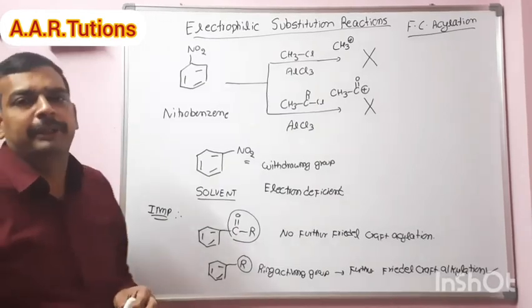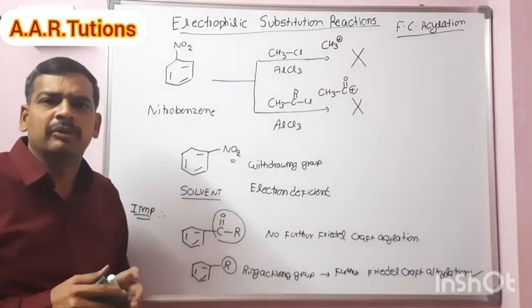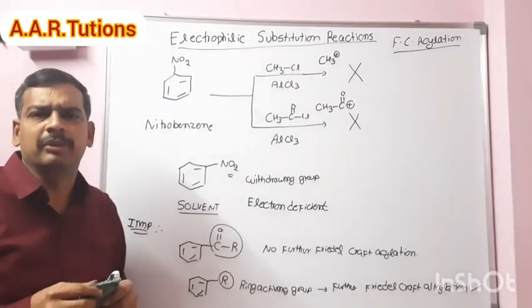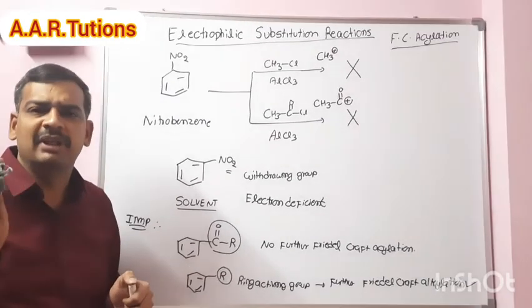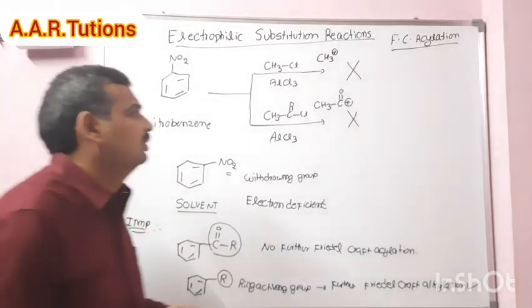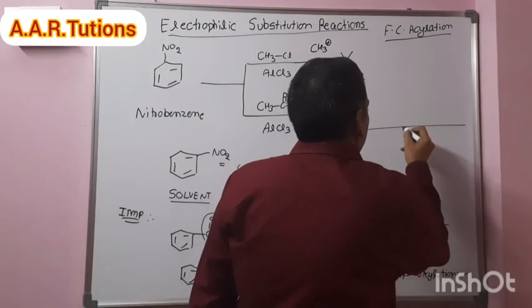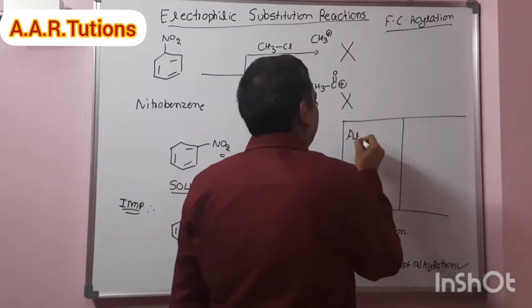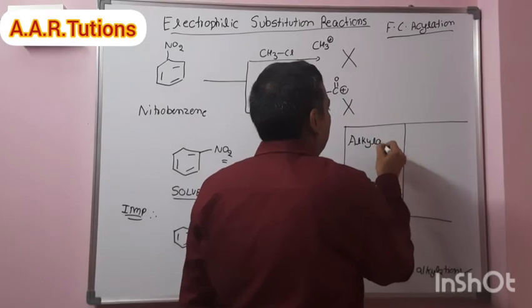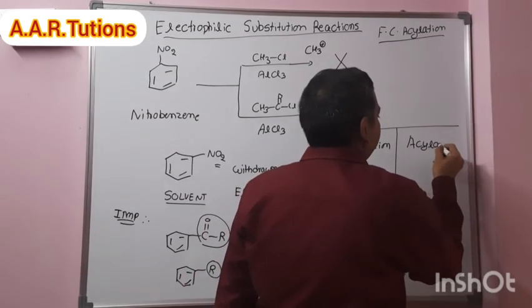Now, next point. In Friedel-Crafts acylation, no carbocation is formed. Only the acylium ion will be formed. That's why no rearrangement will take place in Friedel-Crafts acylation. Let me make a very clear, simple table for Friedel-Crafts alkylation and acylation.